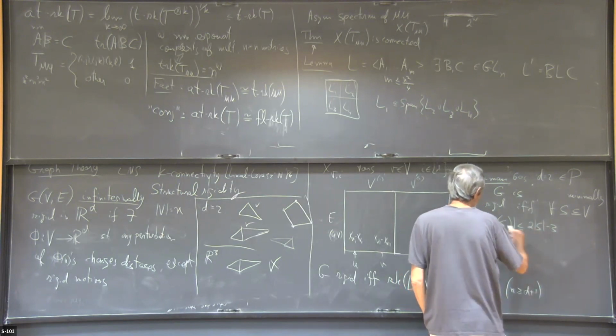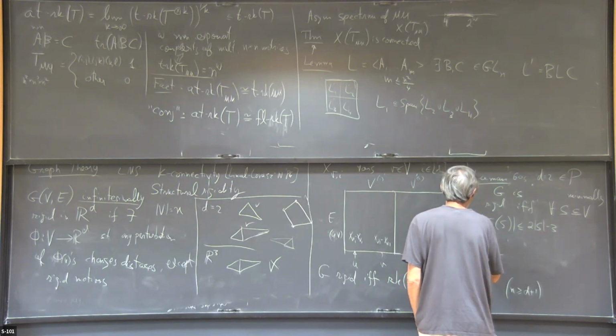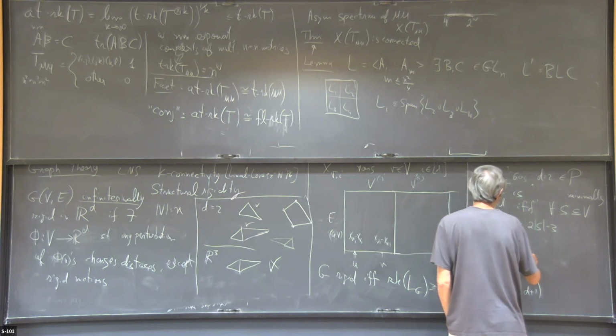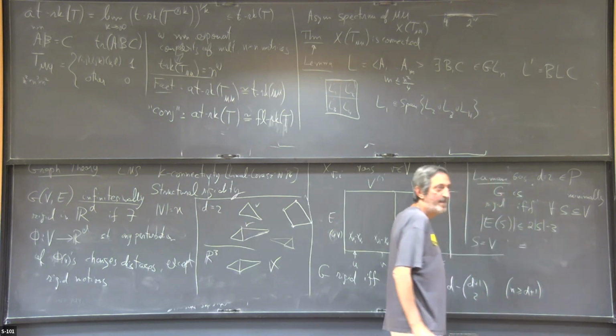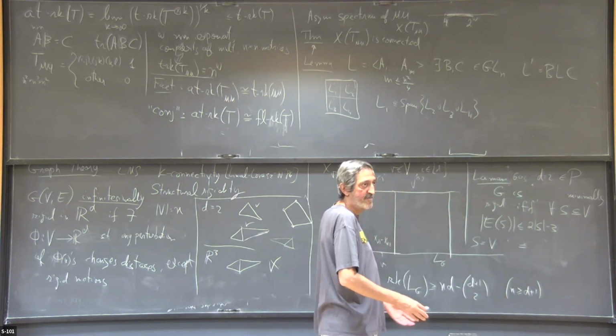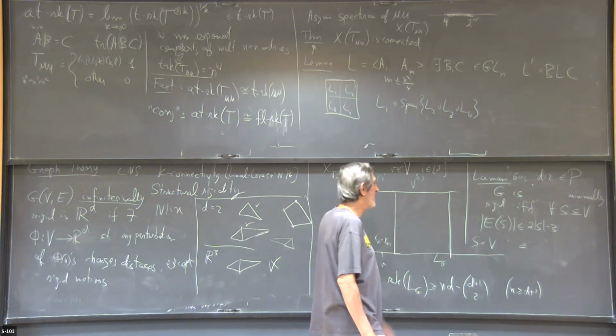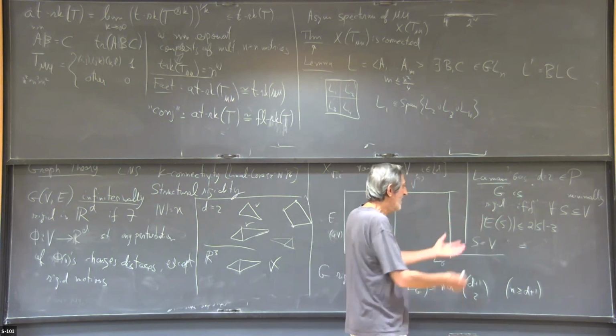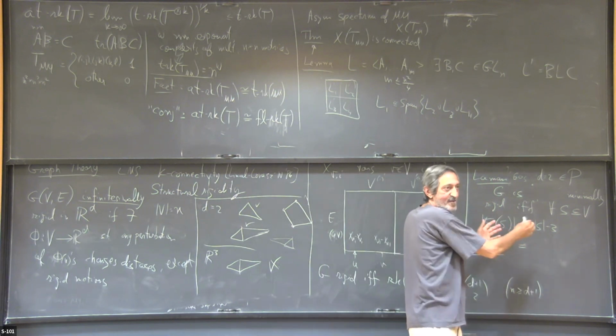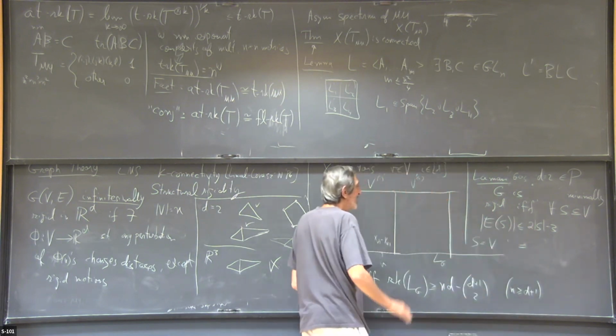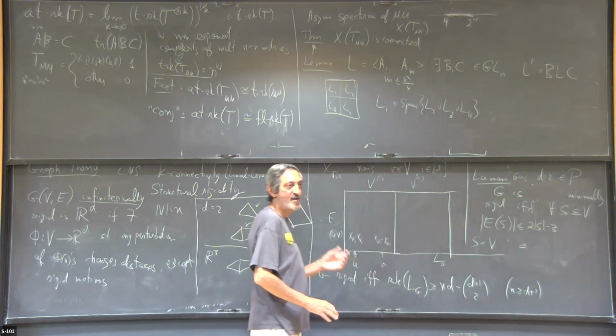You need this for all sets, and if S is V, then you have equality. That's the minimum number of edges you need, so it's sort of a matching question, analogous to a Hall condition.